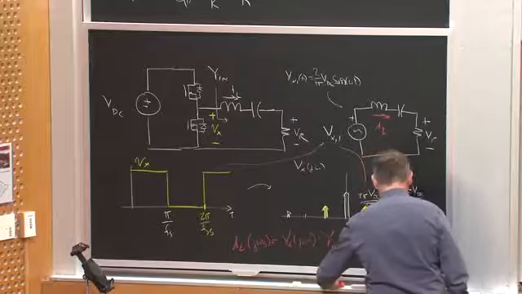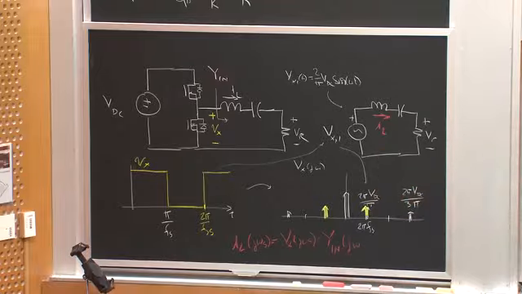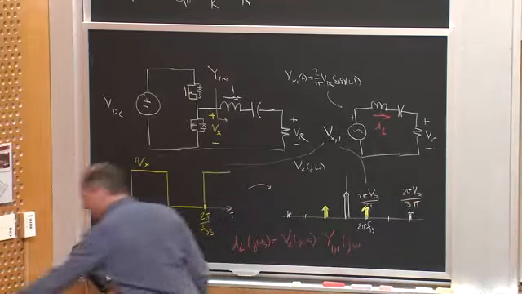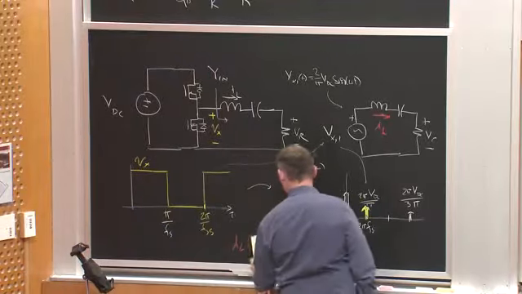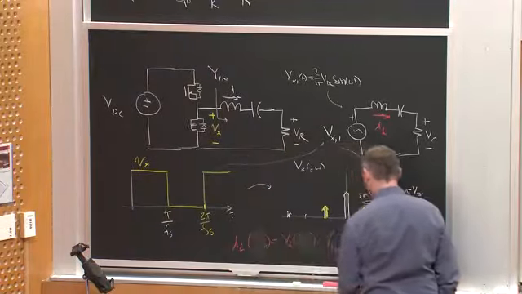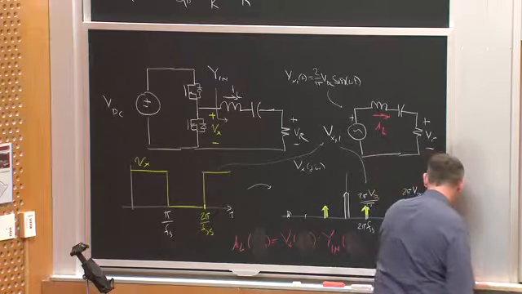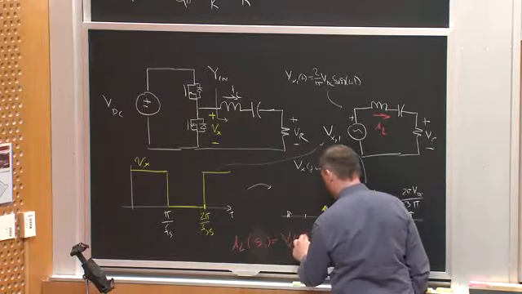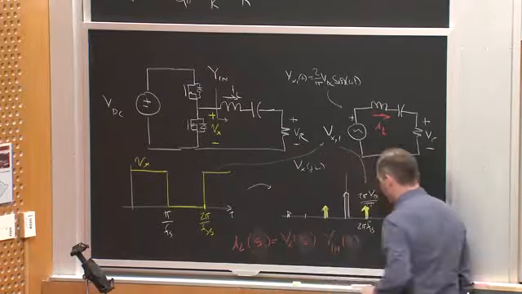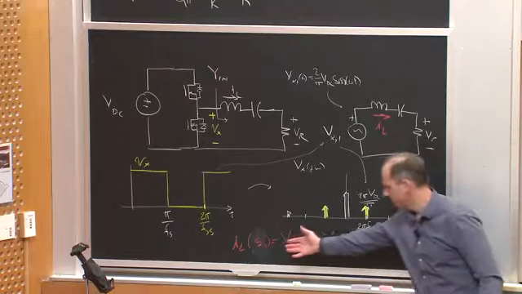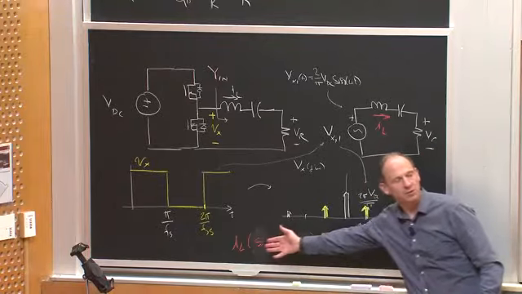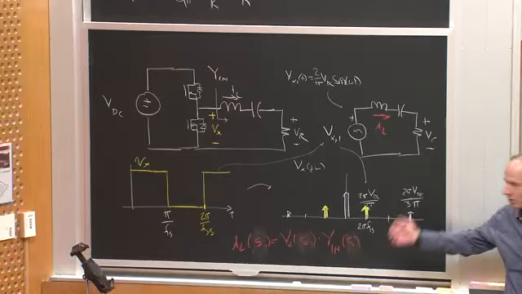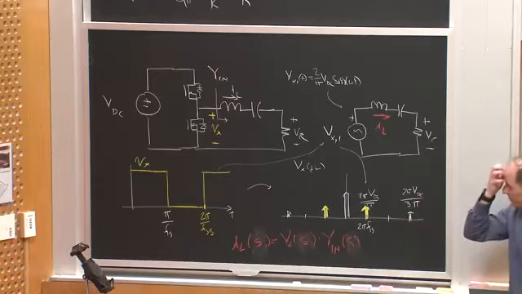Actually, in fact, if I'm going to do it, let me just be careful. If I'm just going to do this in the Laplace domain and not worry about specific frequency content, maybe I would just say this is going to be IL of s is Vx of s times Yin of s, and then I can evaluate that in the frequency domain on s equals j omega. Okay? But here's the point.